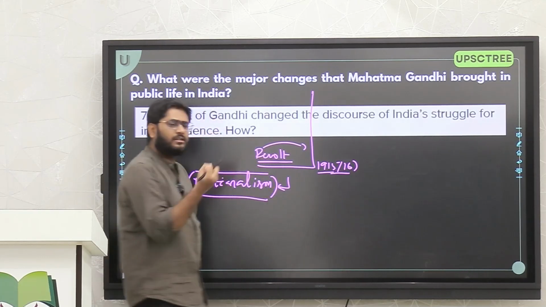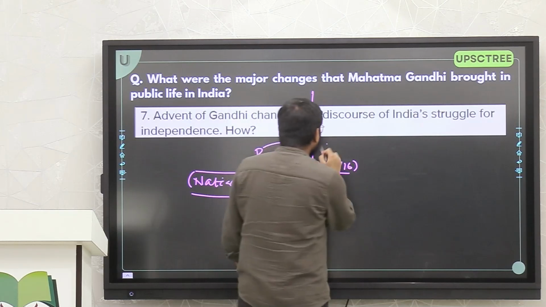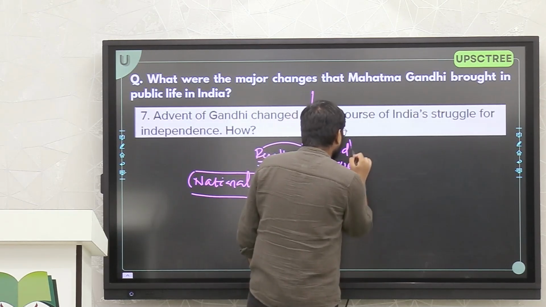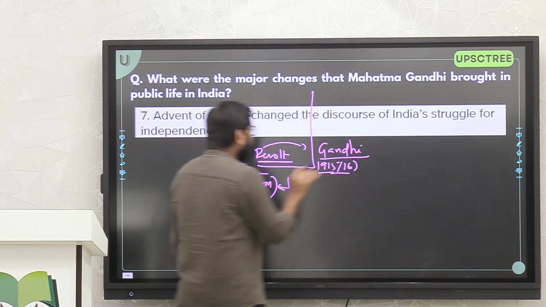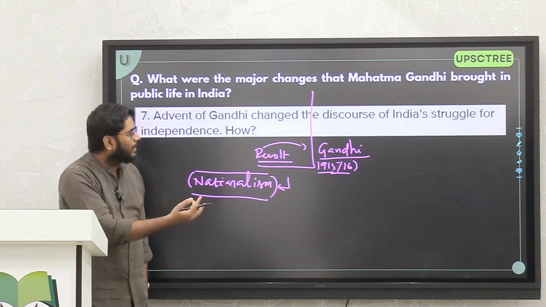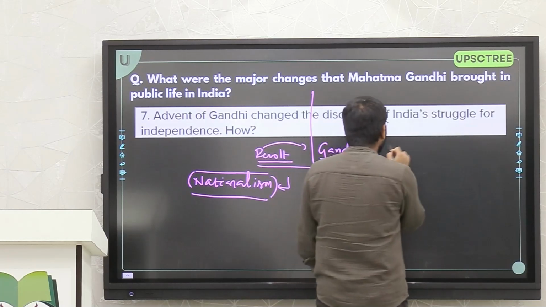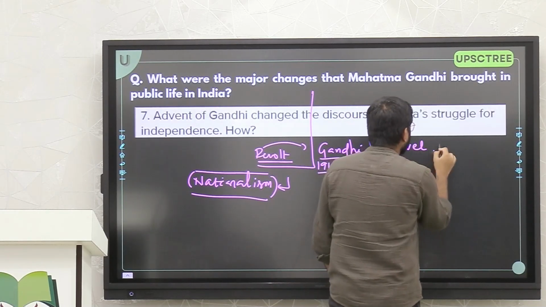The idea of patriotism or nationalism was lacking. ठीक है. When Gandhi comes into India and eventually takes part in India's struggle for independence, he will bring some novel elements.